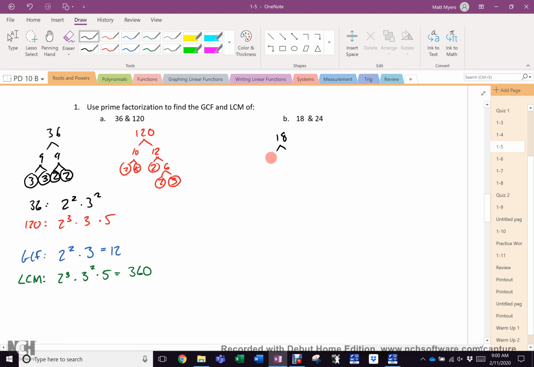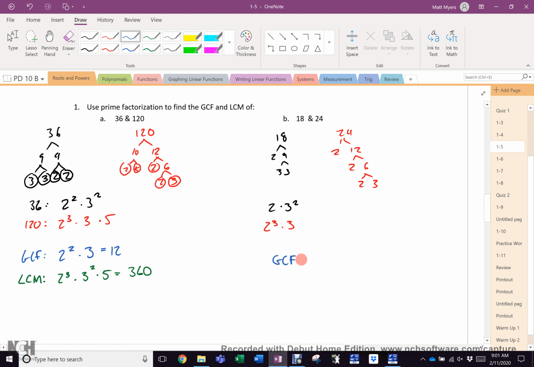So 18 and 24, obviously, what are we starting with? Nice. 2 and 9, 3 and 3. 2 times 3 squared. 24: 2 and 12, 2 and 6, 2 and 3. 2 cubed times 3.